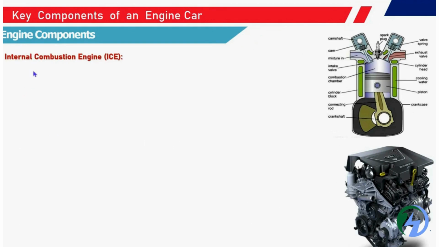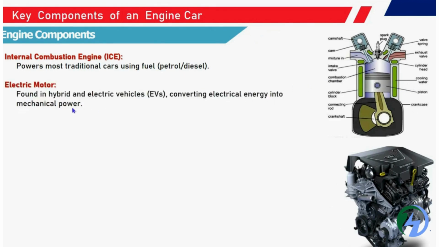As we discussed, engine components include the internal combustion engine, ICE, the main power source in traditional cars with petrol and diesel engines. Next is the electric motor, mostly a combination of batteries and ICE, found in hybrid and electric vehicles, where it converts electrical energy into mechanical power.